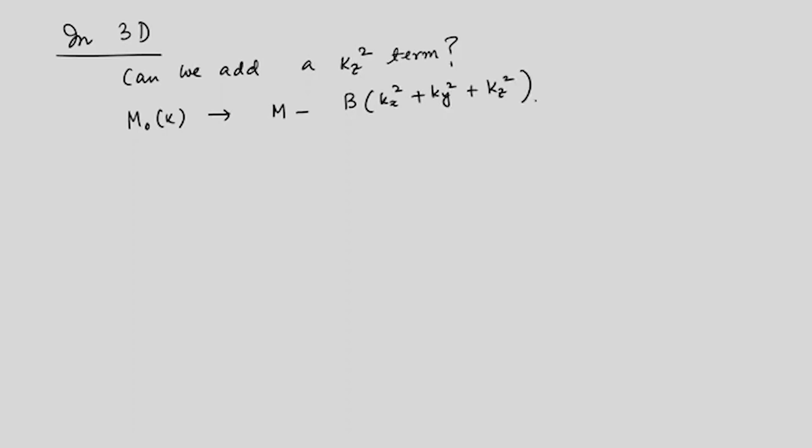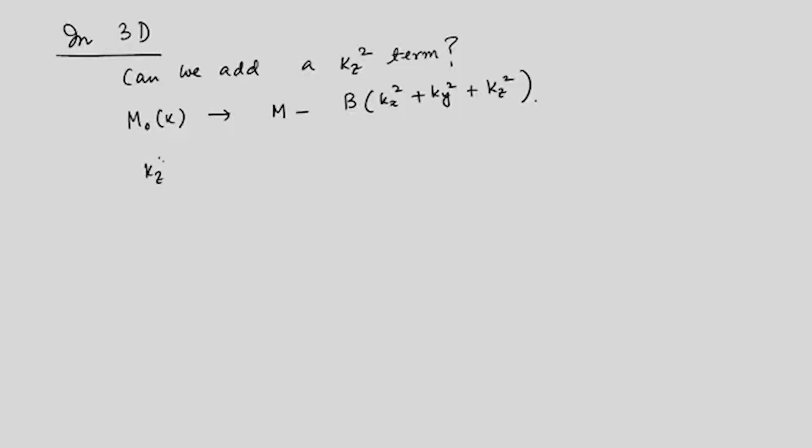Okay. Now, if this is going to solve the problem, then of course the system should remain gapped everywhere, and as this m0k changes sign, you should again see a phase transition from a topological to a trivial phase happening there. In fact, when m is positive, it is a trivial phase, and when m0 is negative, then it is a topological phase. And remember, this kz squared term does not violate time reversal symmetry.